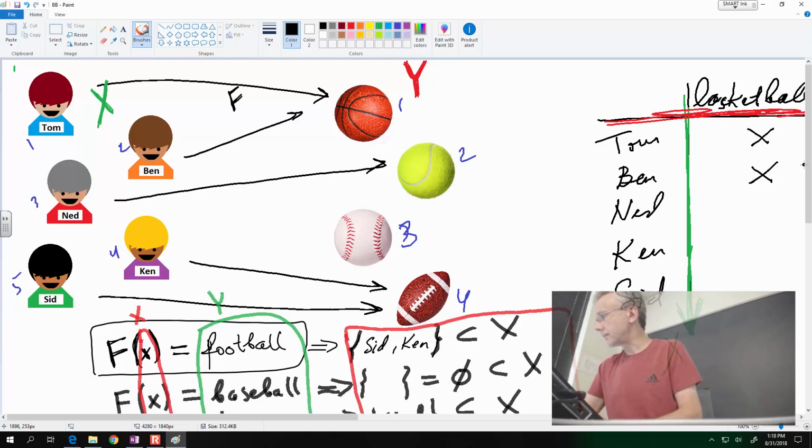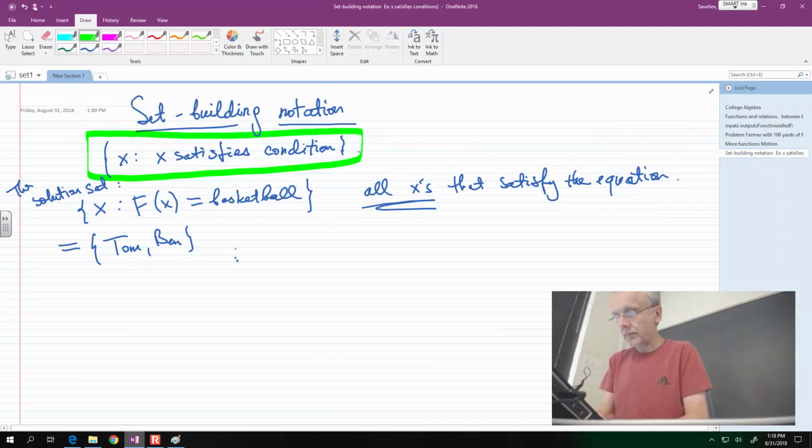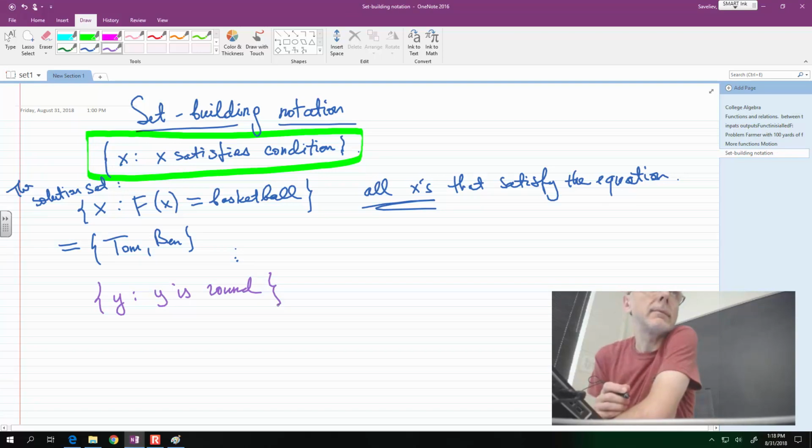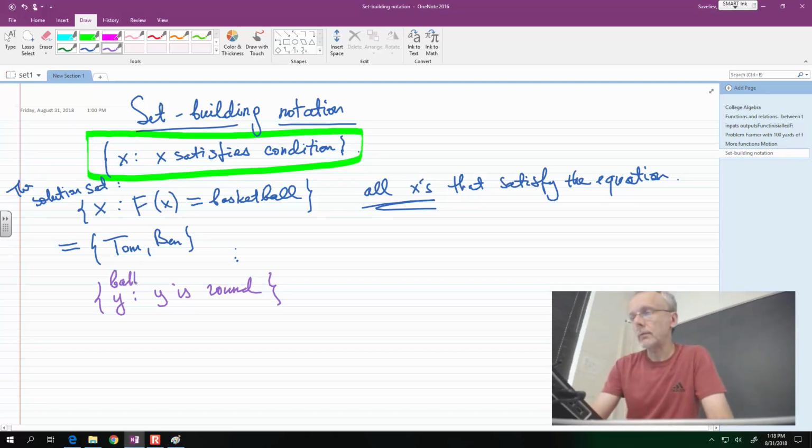Or I could look at the set Y and say, how about this? It's rather Y. So I'm talking about balls this time: Y is round. So these are balls, and these were boys.